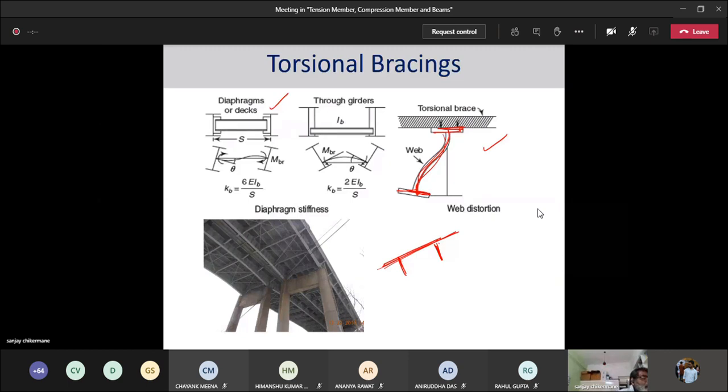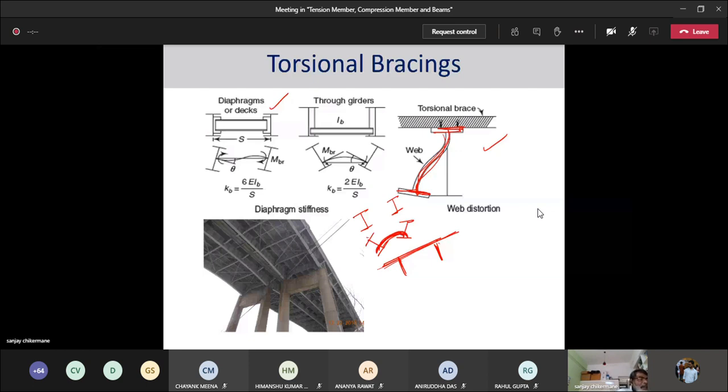You can have through girders, which also end up becoming a torsional bracing system. So basically you have this one beam and this one beam, and these beams rotate with respect to each other. And this becomes the system which prevents that rotation from happening.